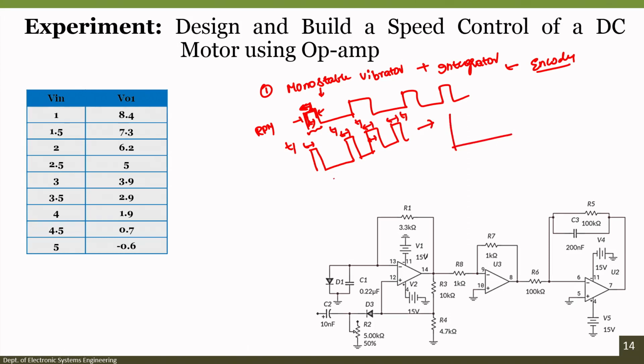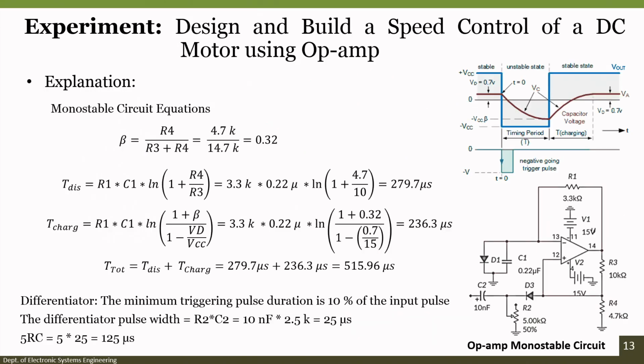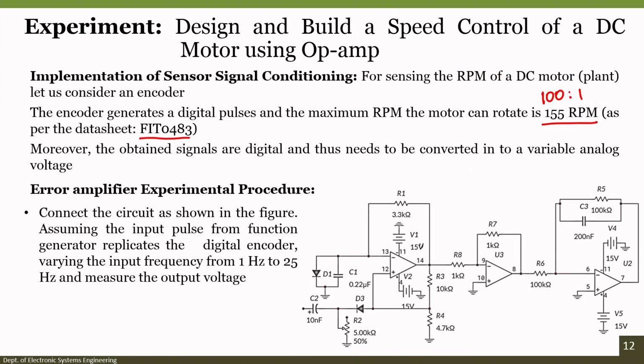If the motor rotates at a higher RPM, the number of pulses is higher, so we observe more on-time signals and the integration output is higher. With that understanding we have designed a monostable multivibrator and a practical integrator. Recall the working of a monostable multivibrator, and also the working of a practical integrator.